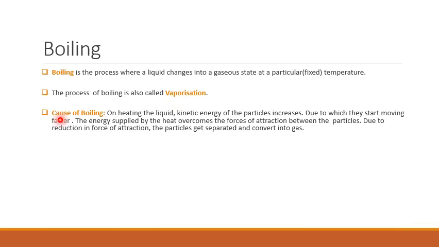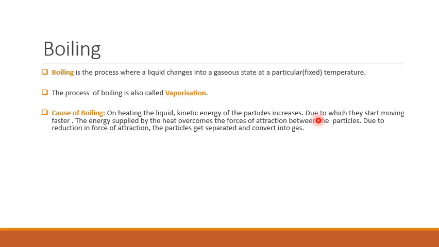Now what are the causes of boiling? Why does boiling occur? Just like we have seen in melting, we have to heat a liquid to cause boiling or vaporization. Because of heating, the kinetic energy of liquid particles would increase.